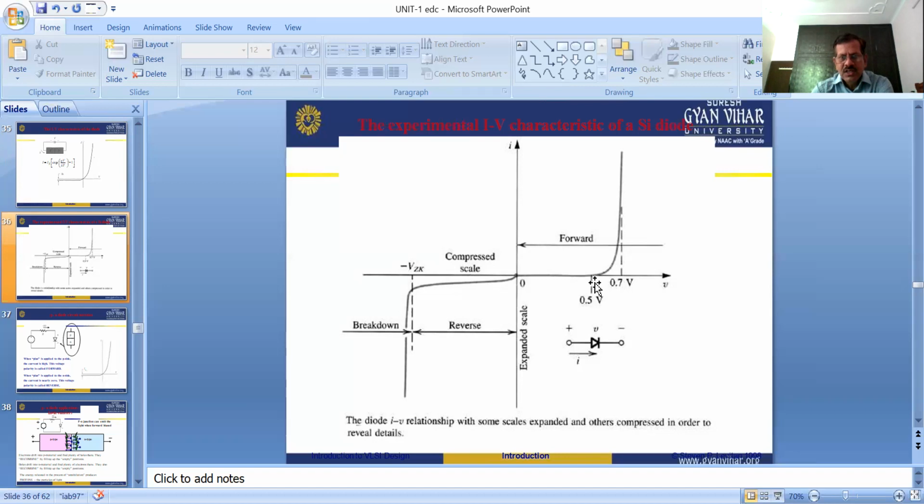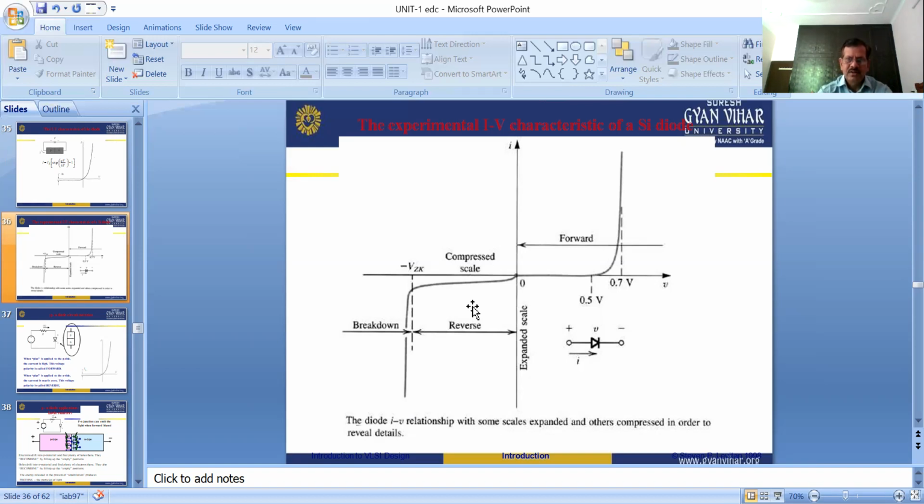So the cut-in voltage is that voltage of the PN junction diode after which the diode starts to conduct. This is the forward bias condition, and this is the reverse bias condition. In reverse bias, we increase the voltage but there is no increase in current, meaning no conduction of the diode. The current value is very small, in the range of nanoamperes.